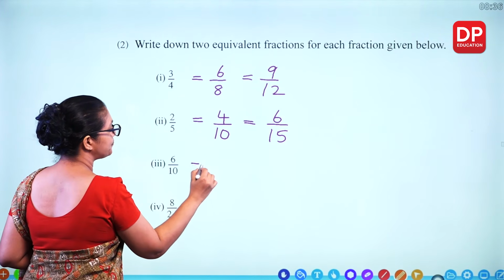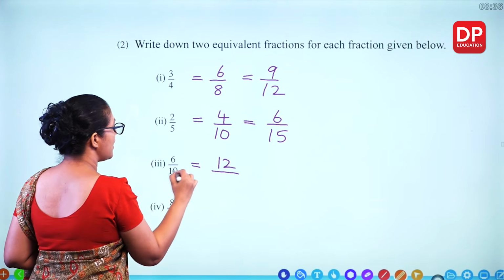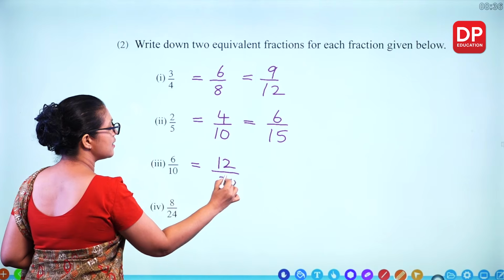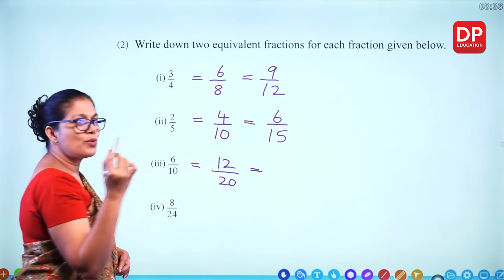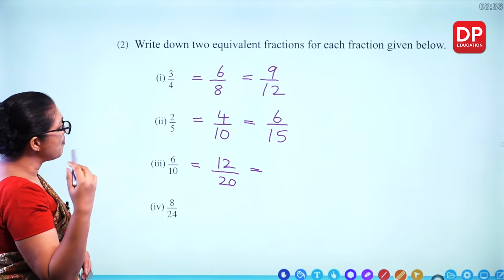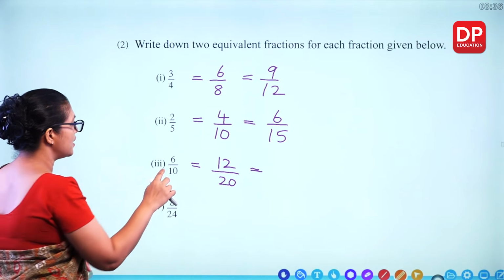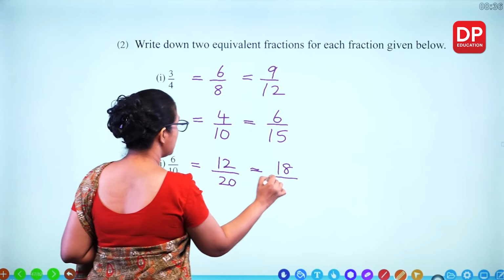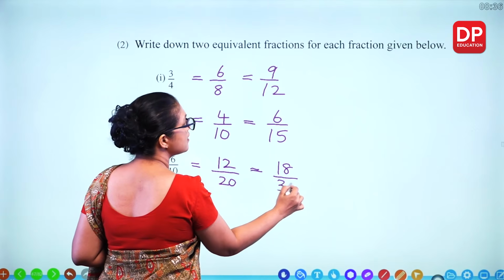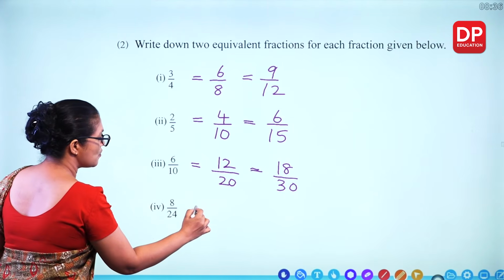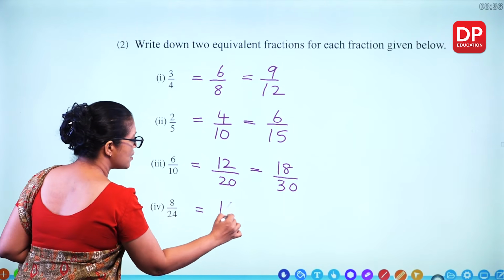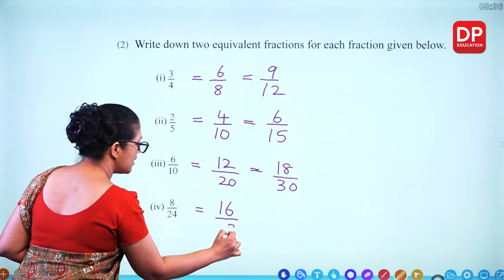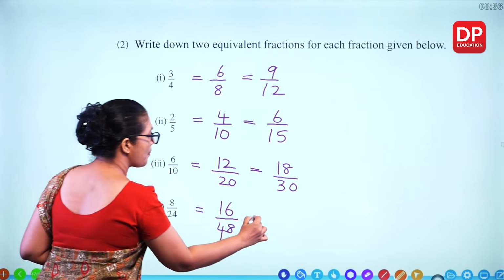Multiply by 2. 12 and 20. We are multiplying by 2. It's really easy. You can multiply by any number. Multiply by 3. 3 times 6, 18. 3 times 10, 30. This one multiply by 2. 16 and 48.